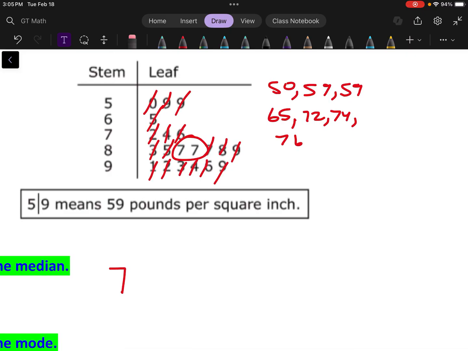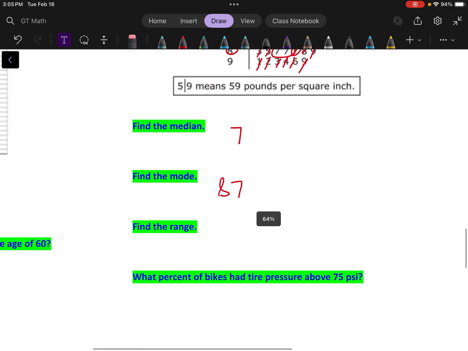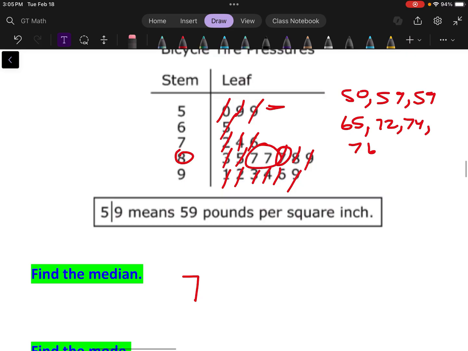I have 59 twice here, but there's 3 7s, so that's going to be 87. So 87 repeats 3 times, that's going to be my mode. Find the range. Well, the greatest is going to be here, 99, minus 50, and I'm going to get 49.